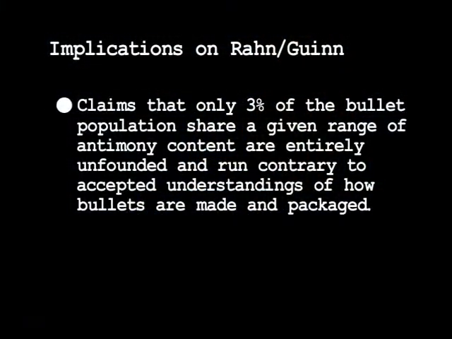What does this mean? The claim that you saw was actually 2%, it was 3% a few months ago, that only 3% of the bullet population share a given range of antimony content is entirely unfounded. It runs contrary to the accepted understandings of how bullets are made and packaged. If you read the report by Curricury, you'll see that they tried everything under the sun to get some statistical technique to get at that false positive number, and they couldn't find one because of this.